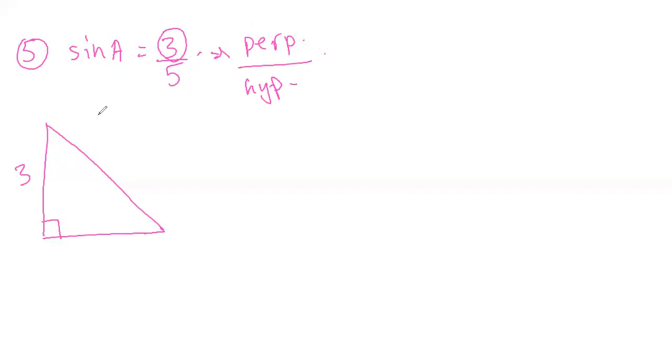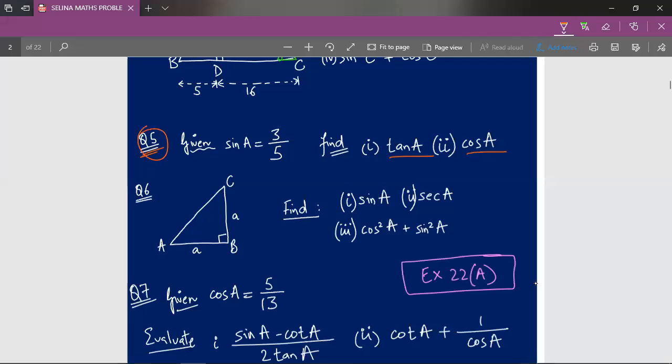So whatever side is opposite to the 90 degrees, that is known as the hypotenuse. That is 5. So if perpendicular is equal to 3, hypotenuse is equal to 5, then according to the Pythagoras theorem, 5 whole square minus 3 whole square is equal to base. That is 4.